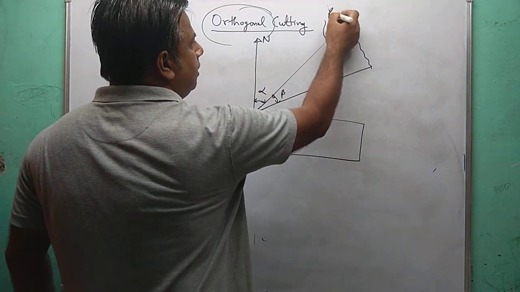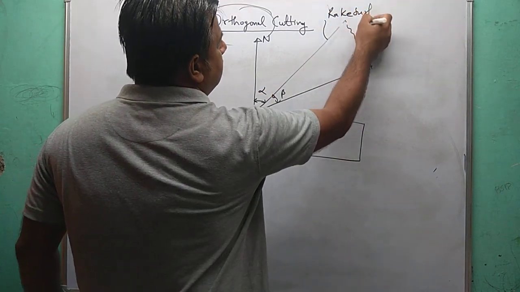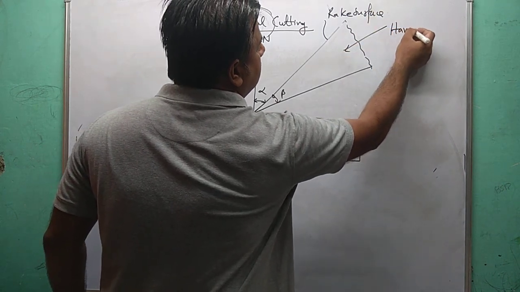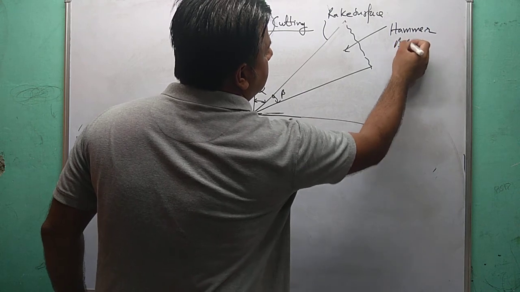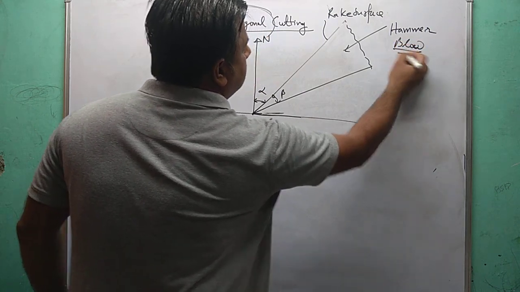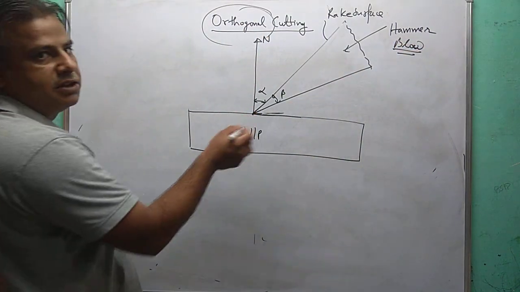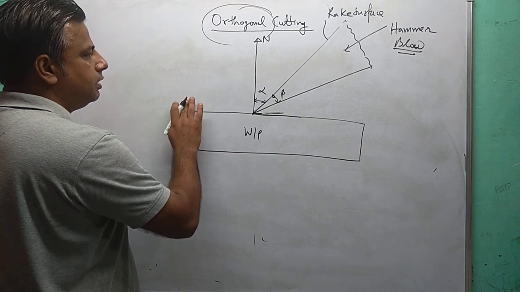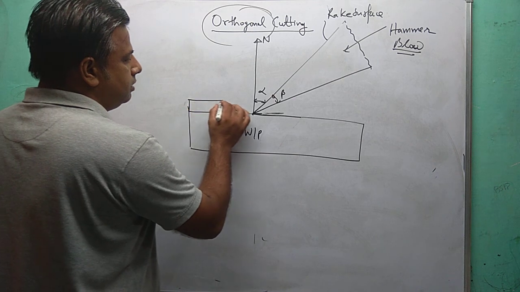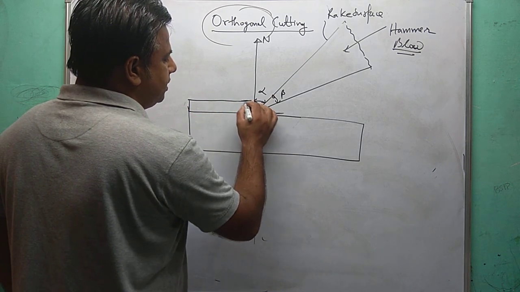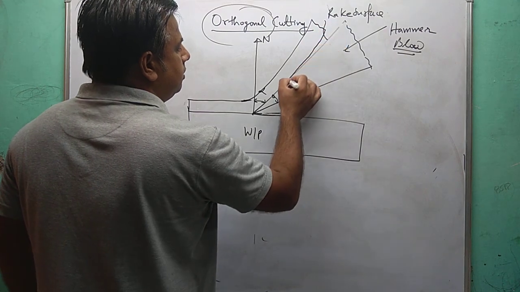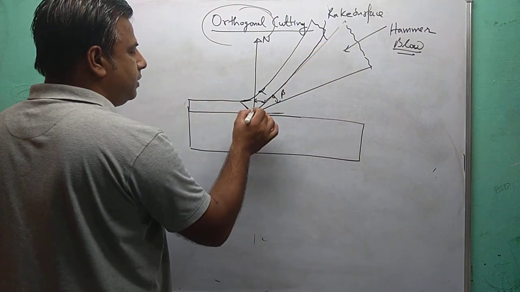This is my rake surface, and here, due to the hammer blow action, the crack initiation and its propagation take place along the shear plane. So this is the chip representation, and this is my shear plane.